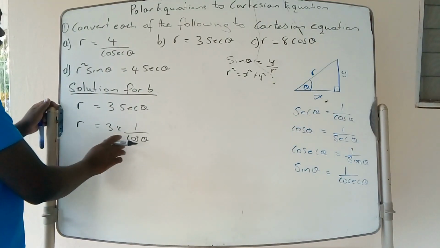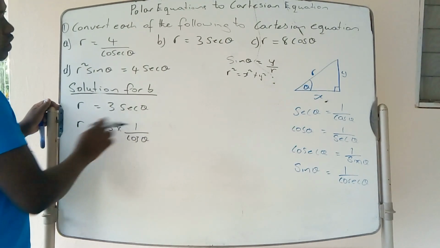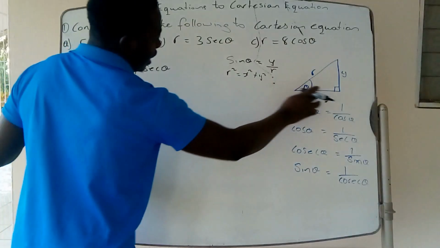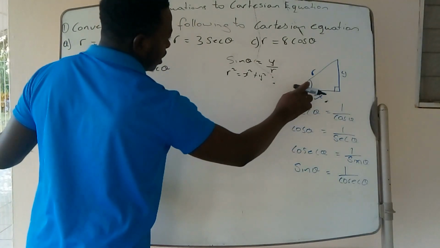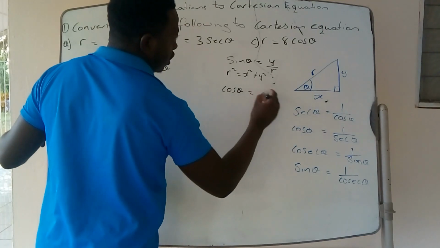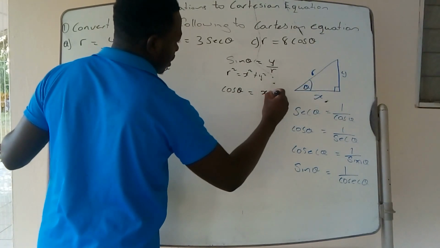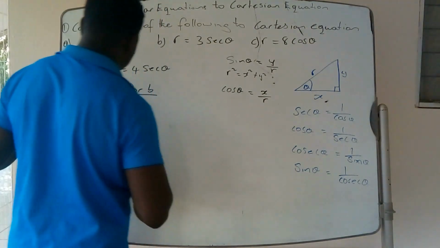Now, what is cos theta? Now, if we apply the cosine to this, we know that cos theta is going to equal the adjacent over the hypotenuse. That's going to be x over r. So that's what we know.